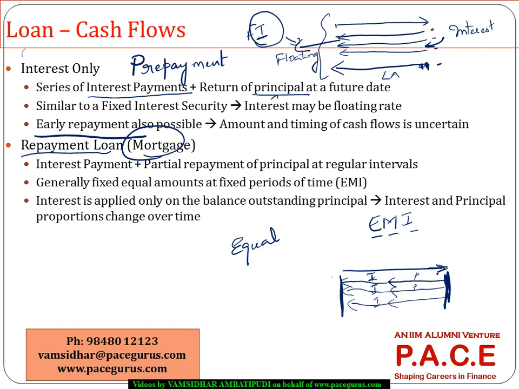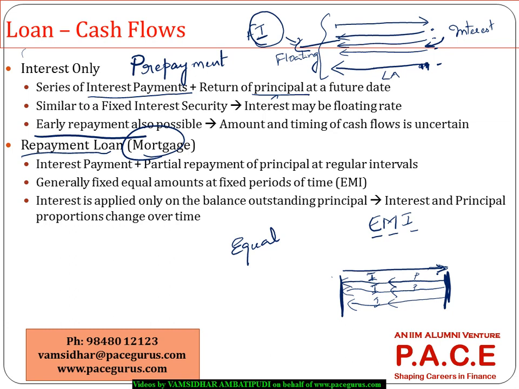But in the first period, some principal is getting repaid, which means the principal outstanding is coming down. Because of that, the interest for the next period will become lesser, and so on.